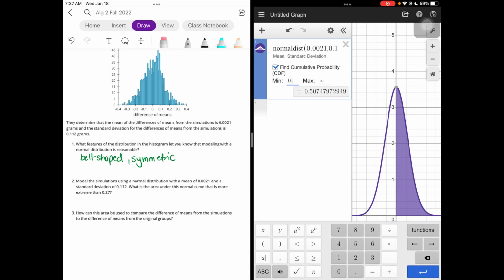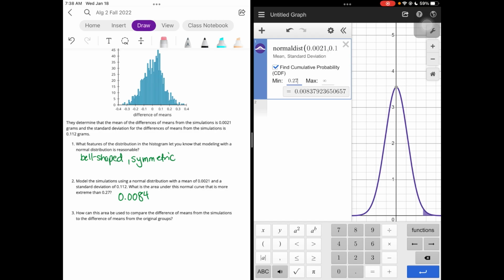So 0.27 is our minimum, and our maximum is infinity. And so the area under that curve is 0.0084. So it's not even 1%. It's not even a proportion of 1, or 1%, that would be under that normal curve that's greater than 0.27.